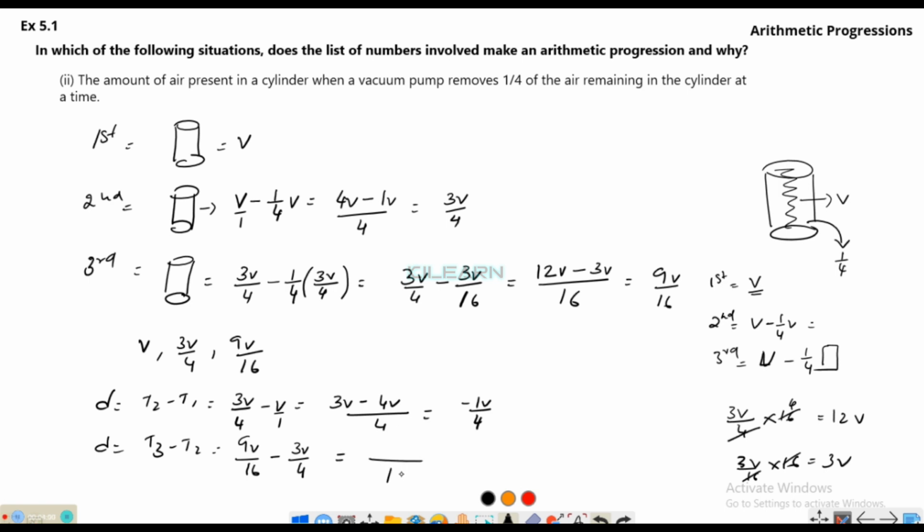Taking LCM 16, this is 9V minus 12V by 16, which gives us minus 3V by 16. As we see here, the differences are not the same. We can easily say it is not an AP.